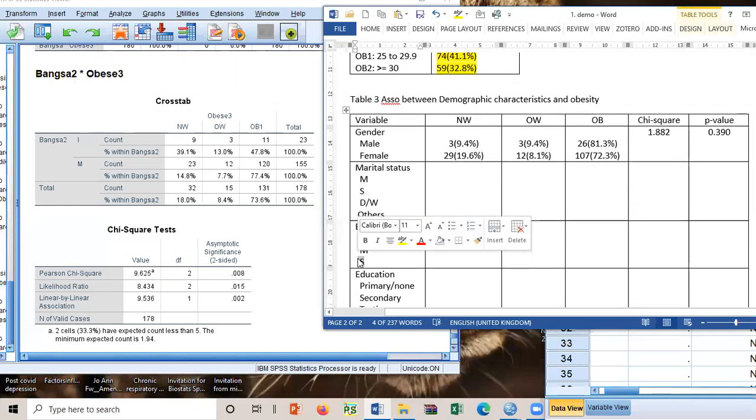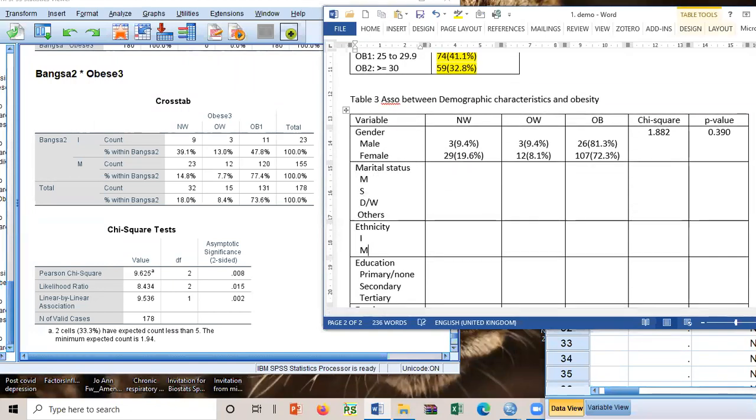To find out if there's an association between ethnicity and obesity. So you're going to fill in these values. What's the chi-square value here? 9.625. Right. What's the p-value? 0.008. There is a significant association between ethnicity and level of obesity.